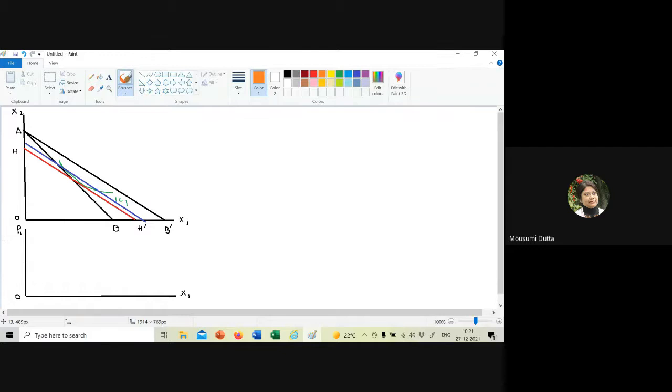Now with this new budget line, the consumer can consume at the initial purchase point. However, given the scope that he can move to a higher indifference curve, he will do that. This is IC2.